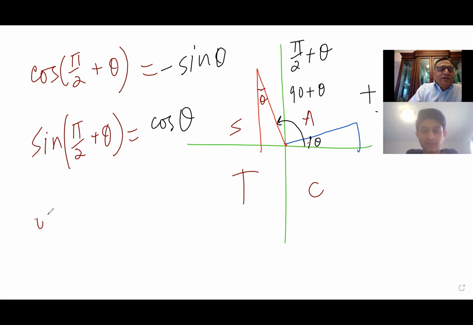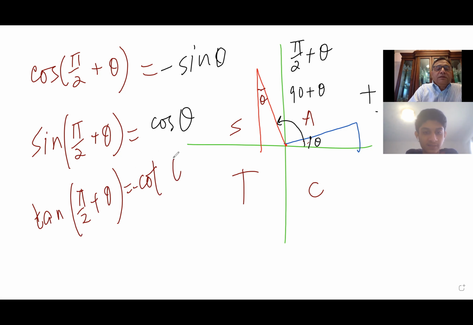So tan pi by 2 plus theta will be, I'll have to write minus cos theta. Is that clear to you? Yes, sir. So likewise, you can work with pi by 2s. These are important identities which you are supposed to learn in this particular unit.